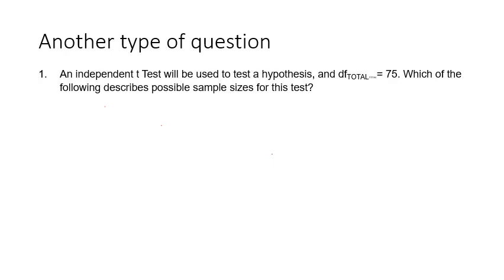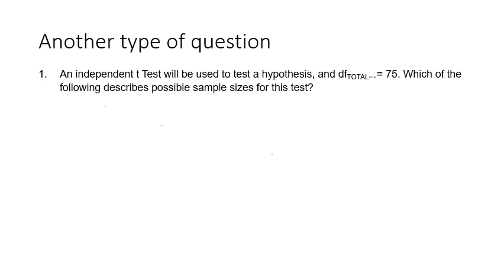Another type of question that you'll see on the practice quiz involves something like this. An independent t-test will be used to test a hypothesis, and df total equals 75. Which of the following describes possible sample sizes for this test? So we're going to use the very same formula for solving this problem.